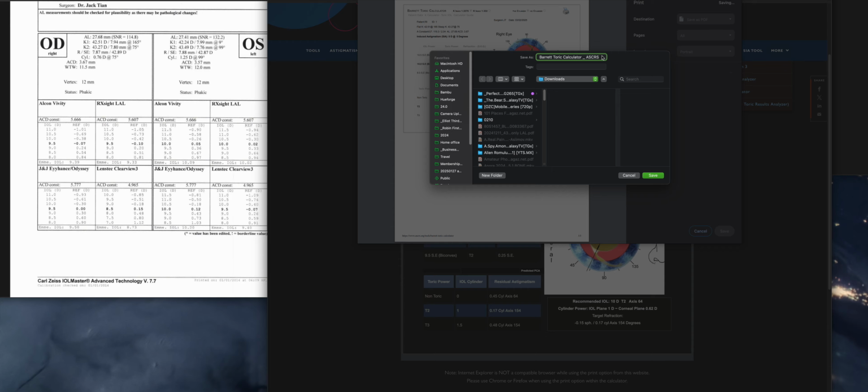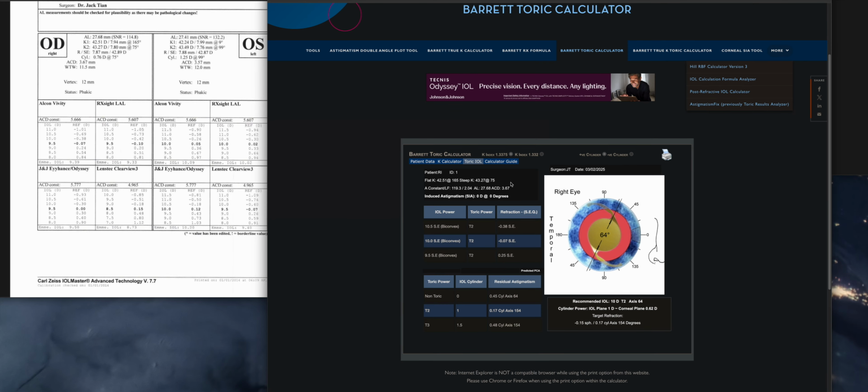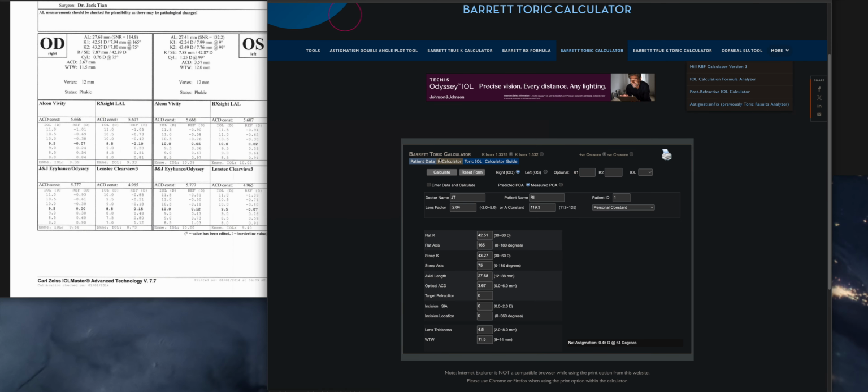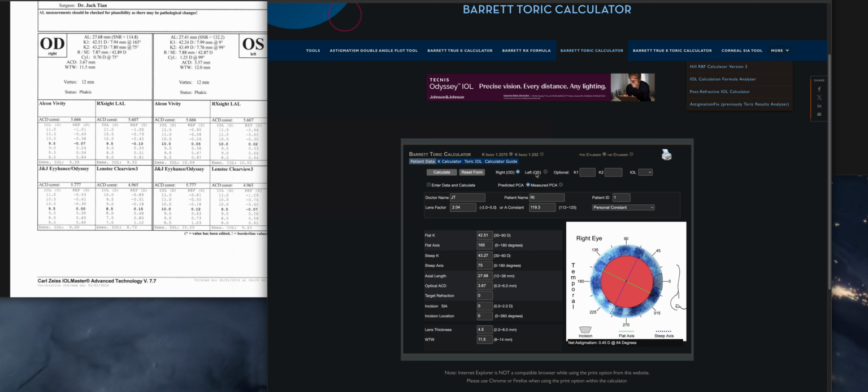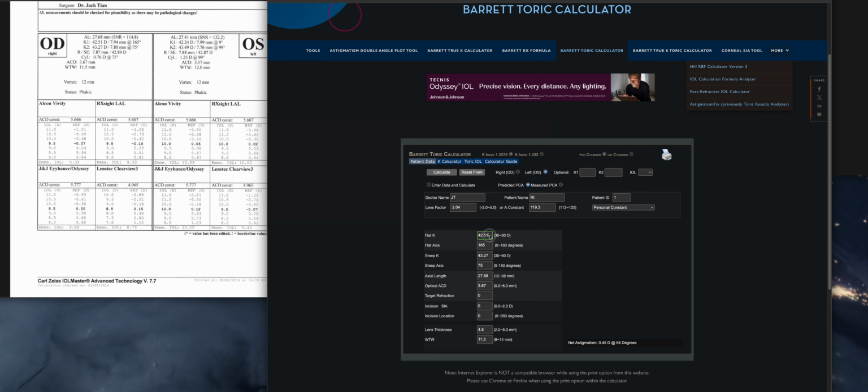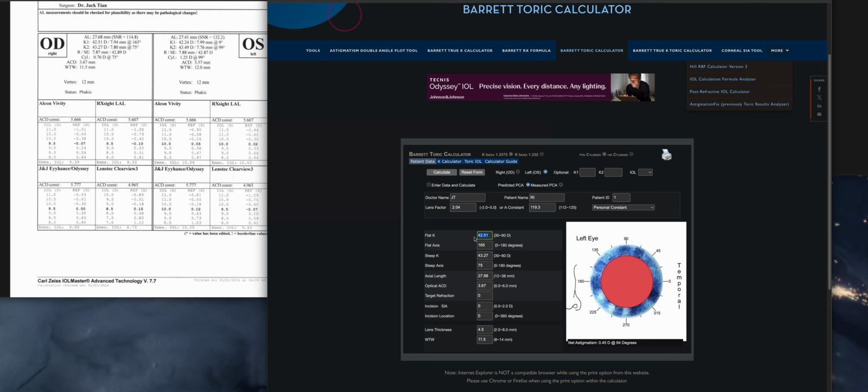I think that's the 7th one or so. And then let's do the other eye here. Okay, so left eye now. 42.24, 27.41, CD 3.